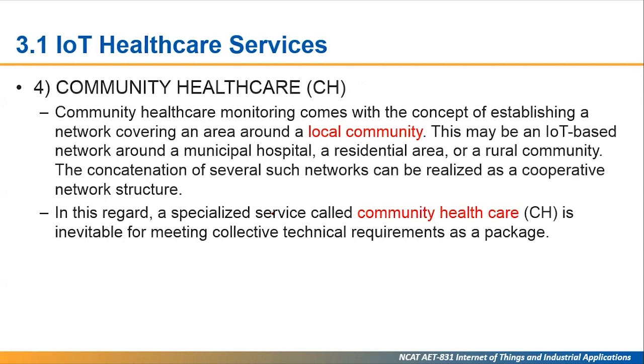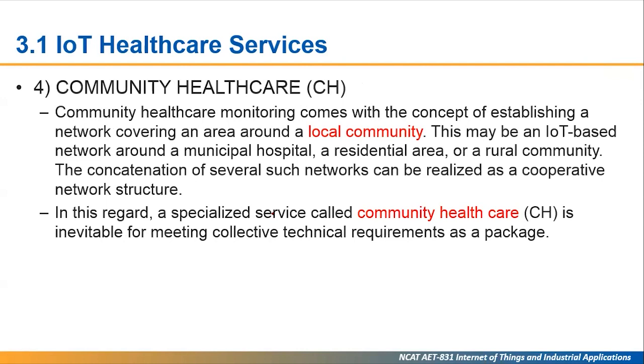Community healthcare monitoring comes with the concept of establishing a network covering an area around the local community. This may be an IoT-based network around a municipal hospital, a residential area, or a rural community.